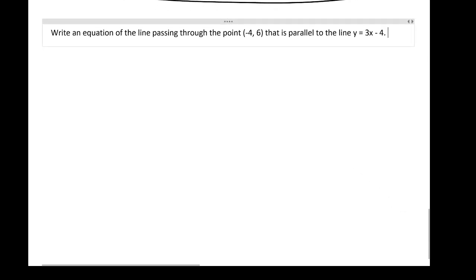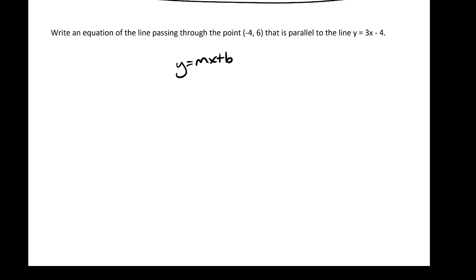Now, to complete this, we have to remember that if we're going to write an equation, the function form is what is also known as the slope-intercept form of y is equal to mx plus b, okay? Remember that m is what we use to represent slope, but b is the y-intercept, okay?